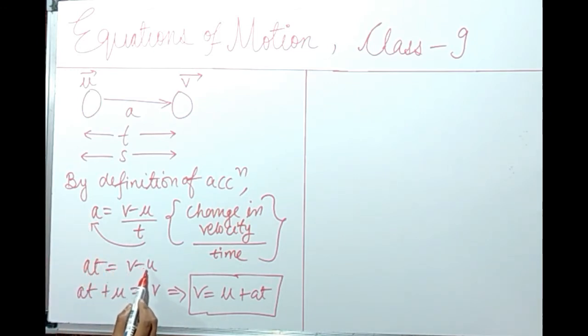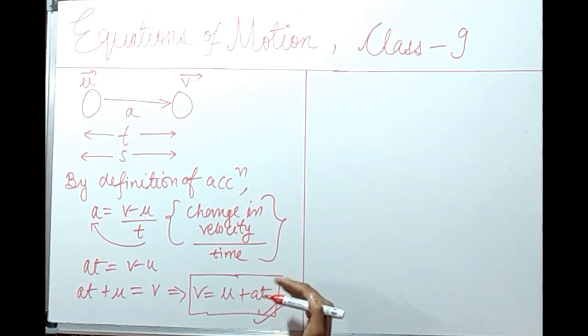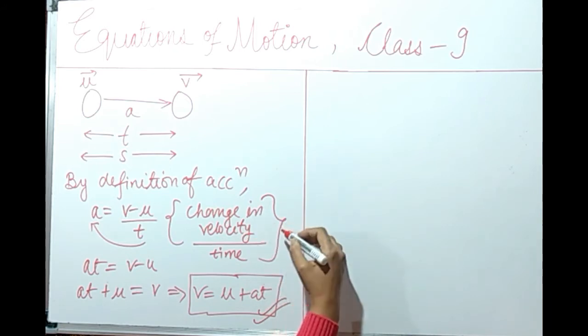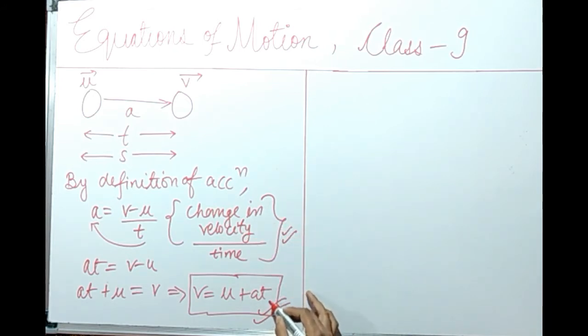This negative u, you bring it on the left side, it becomes at plus u. And here we have got our first equation of motion, v equal to u plus at, hence proved. Have you understood this? We have got our first equation of motion so easily, just in 2 steps. We have written the formula for acceleration and we have directly obtained the first equation of motion.